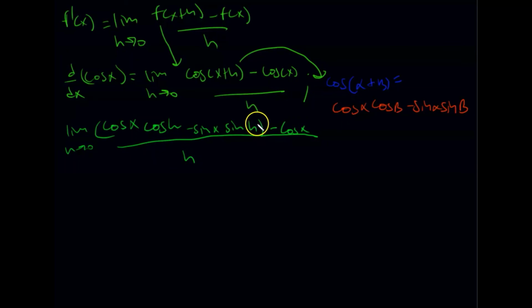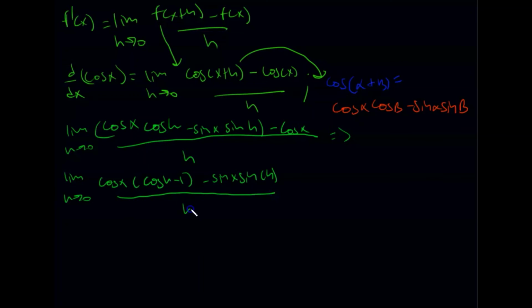So once again, we want to try to rearrange this numerator and denominator into a form where we can cancel some terms with the special limits we learned. So we can write this as the limit as h approaches 0 once again of cosine x times the quantity cosine h minus 1, minus sine x sine h, all over h.